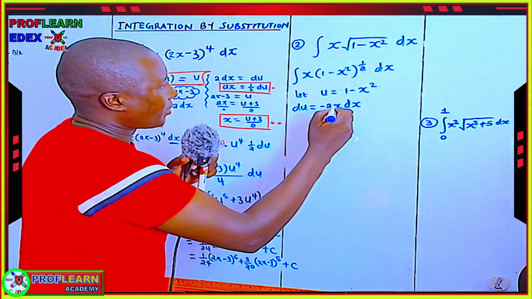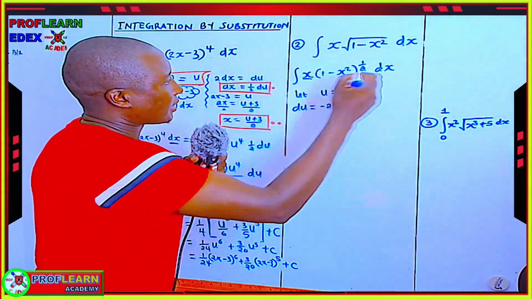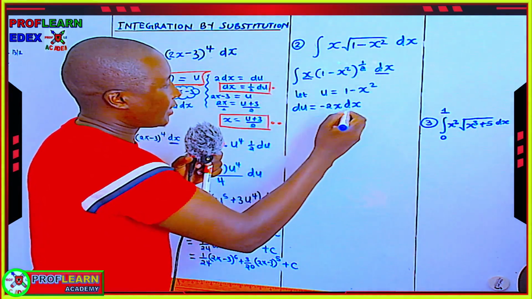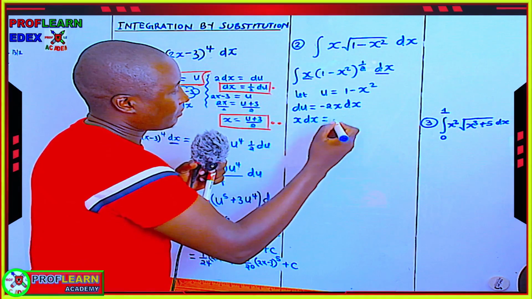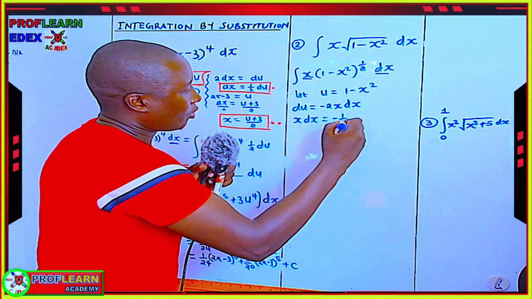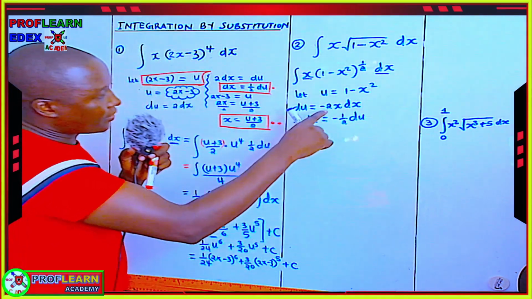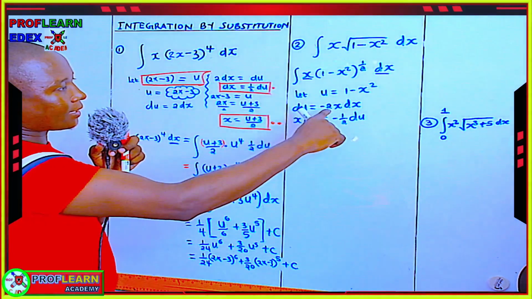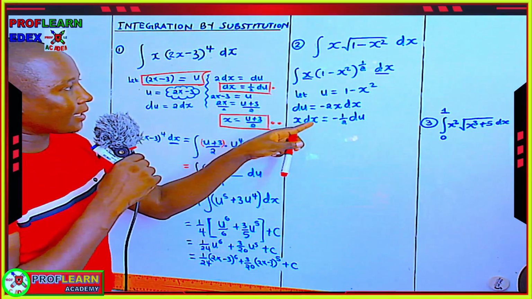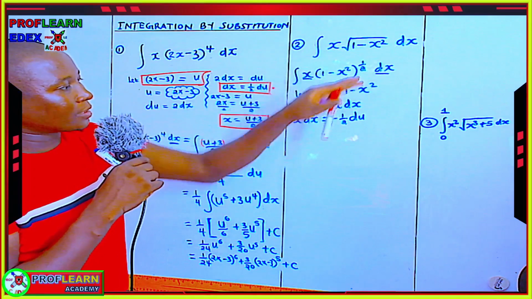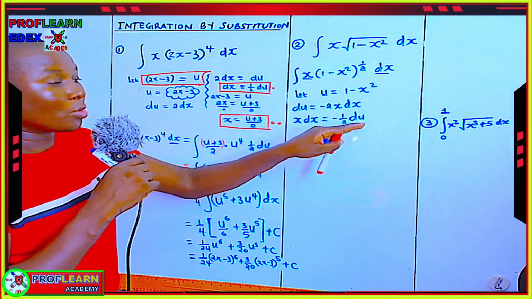How can you integrate this? The first thing we're going to do here is to say let u be equal to x cubed plus 5. That is the value of u, and then it means that du is equal to 3x squared dx, right? In this expression that we have here, there is x squared and there is dx.